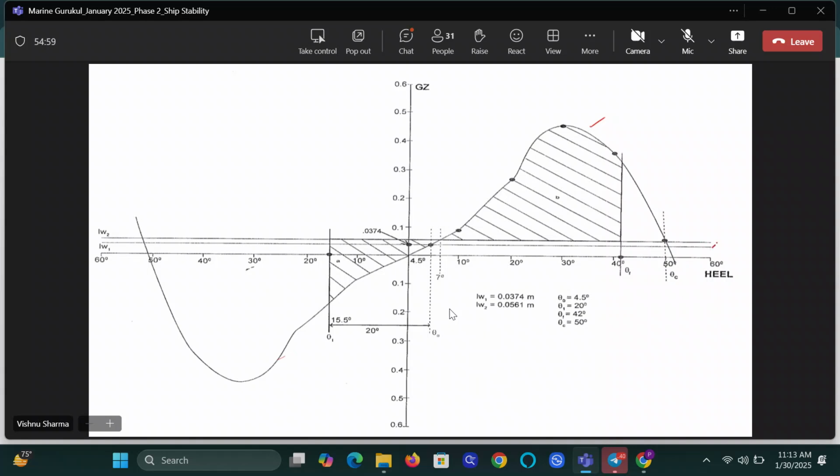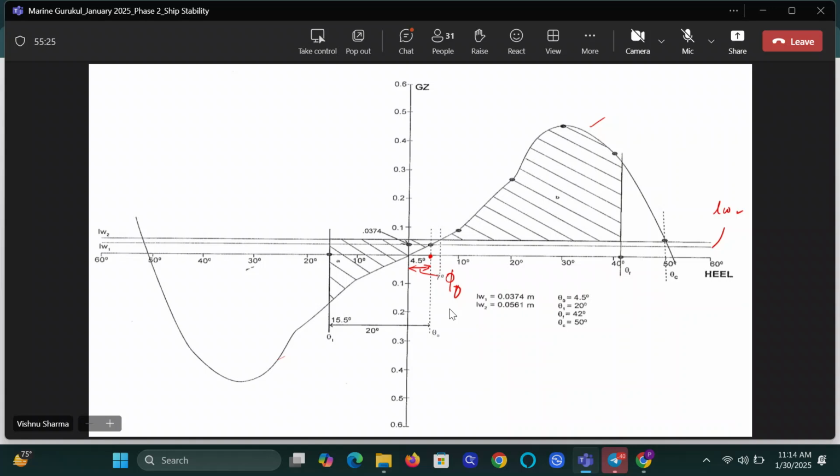This lower line is LW1. And when you plot LW1, from the graph you read that the heel caused is 4.5 degrees. Is the vessel complying with the requirement that phi 0 shall not be greater than 16 degrees or 80% of the angle of deck immersion? Correct, beta?